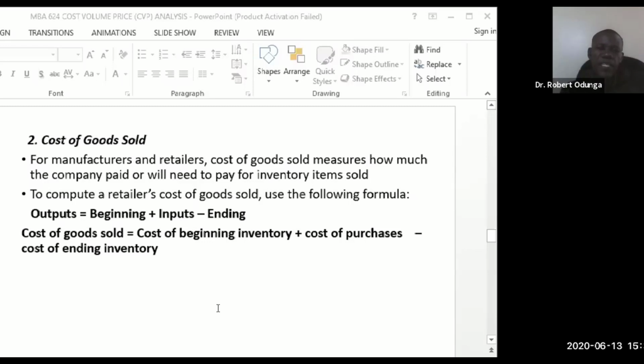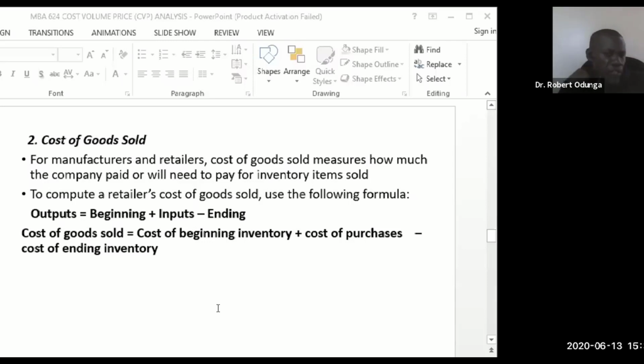To compute a retailer's cost of goods sold, use the formula: outputs equals beginning inventory plus inputs minus ending inventory. In other words, you can state cost of goods sold is equal to cost of beginning inventory plus cost of purchases minus cost of ending inventory.